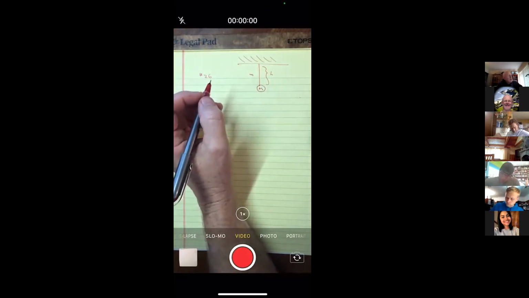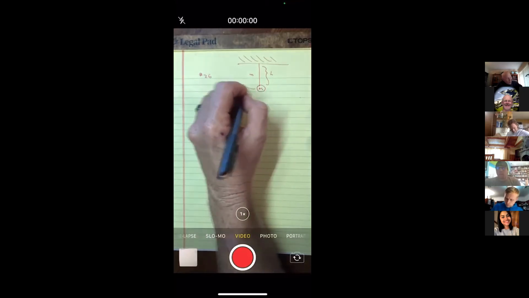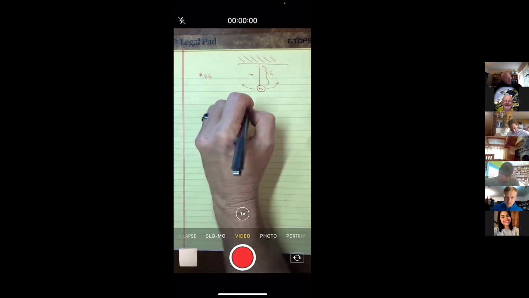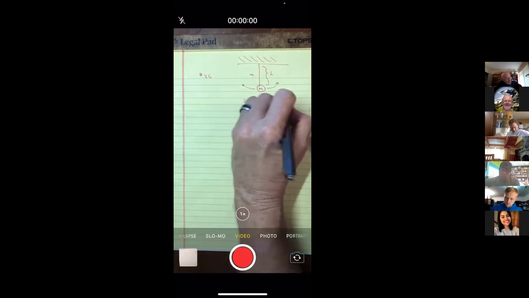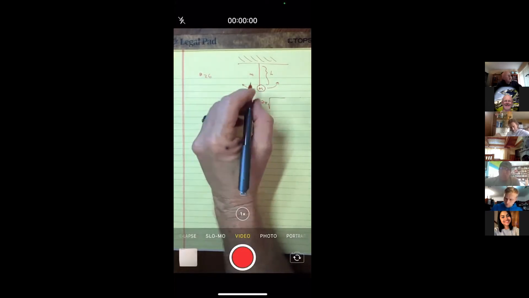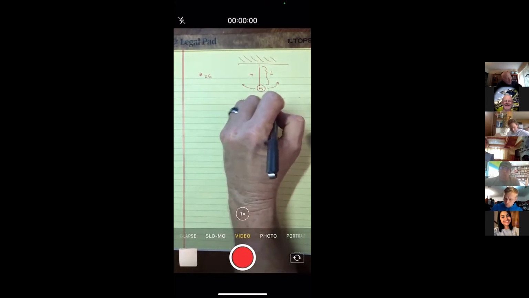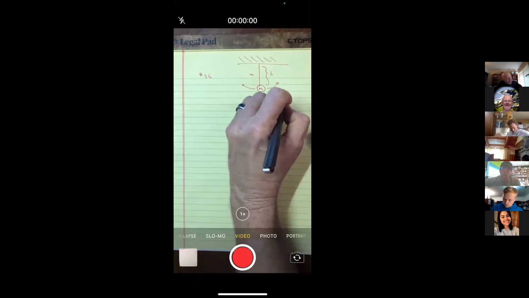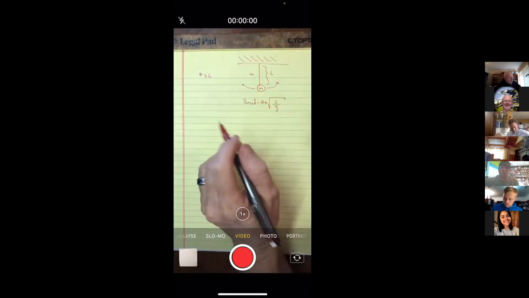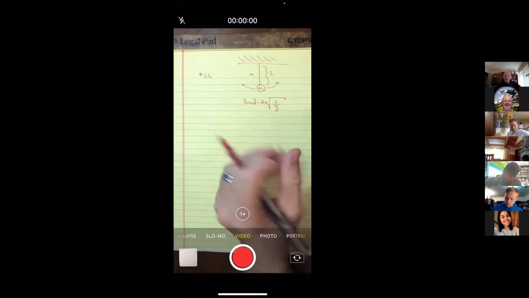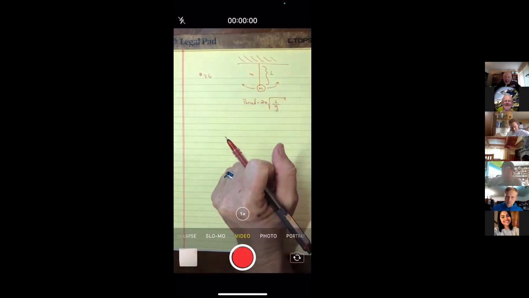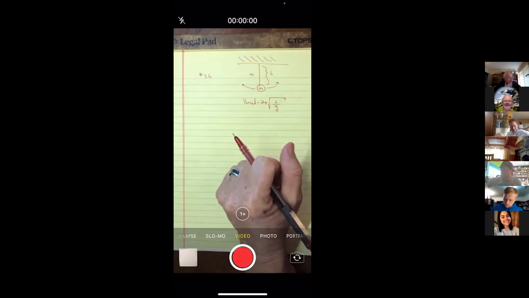Now they call it a pendulum. So if we were to rock it back and forth, it would have a period of 2 pi times the square root of L over g. This is the part I was referring to, that we need to go back to last chapter.